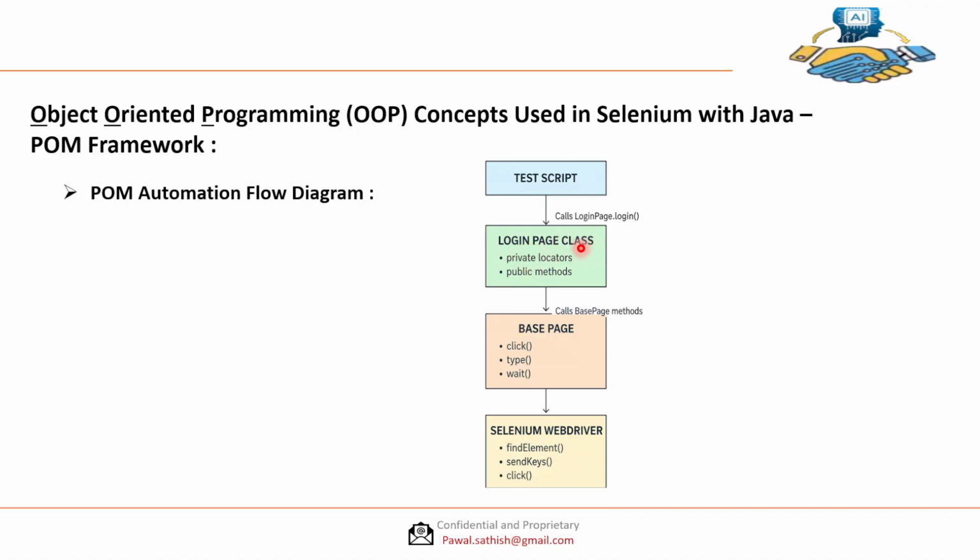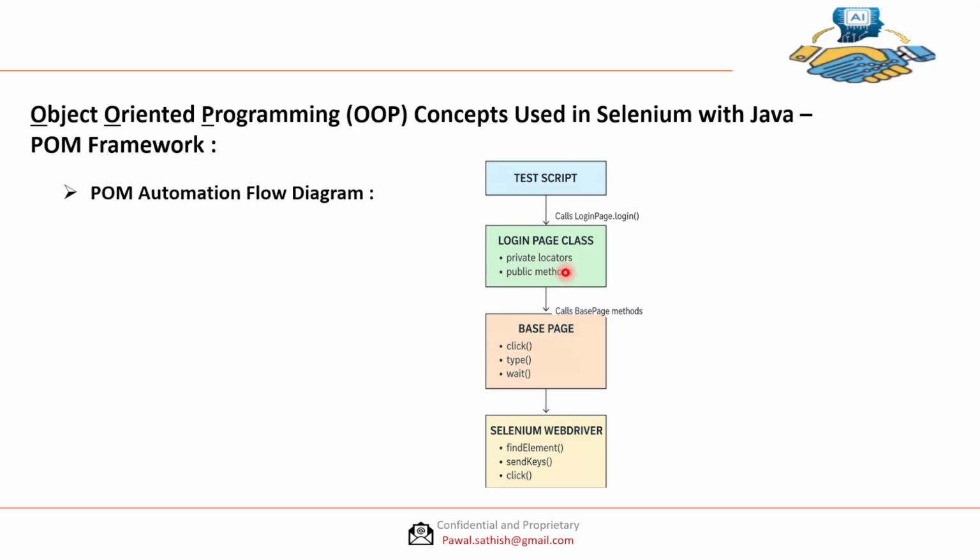In the login page class, private locators are there and public methods are there. Using these public methods we are calling the private locators. This is nothing but encapsulation. No other method calls these private locators or private variables directly. If you want to access the private variables, first you need to call the public methods.